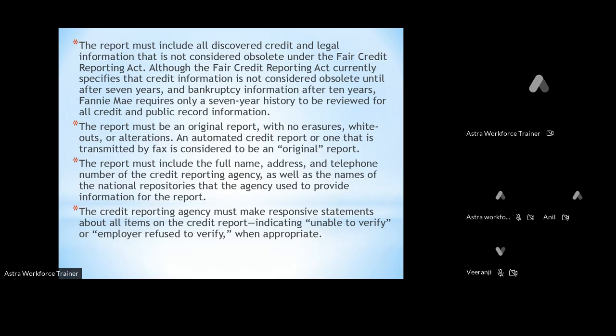Everything is structured under the FCRA. FCRA says that bankruptcy can go back 10 years, but as per the Fannie Mae requirement, if the borrower crosses 7 years after the bankruptcy, they are good with that.